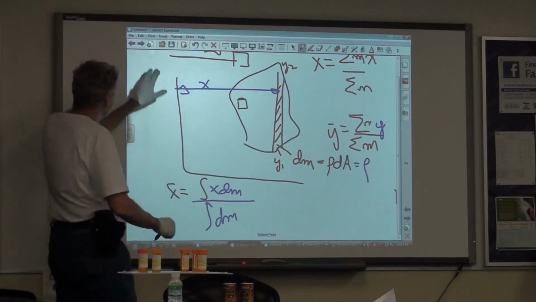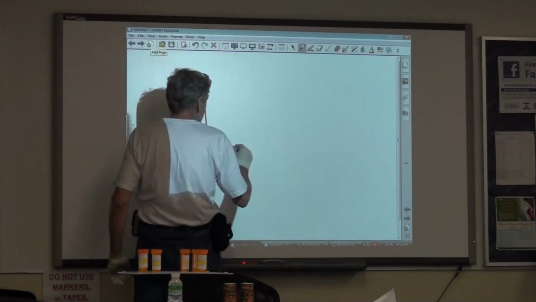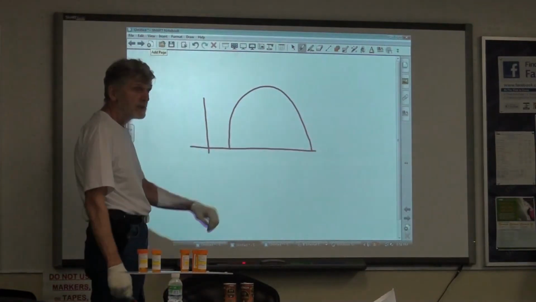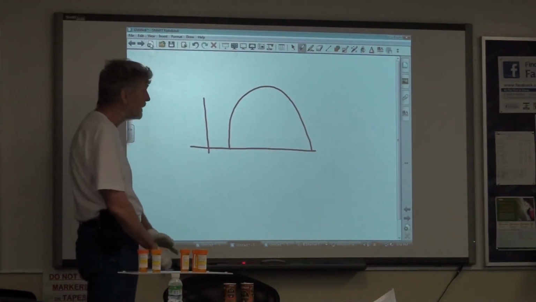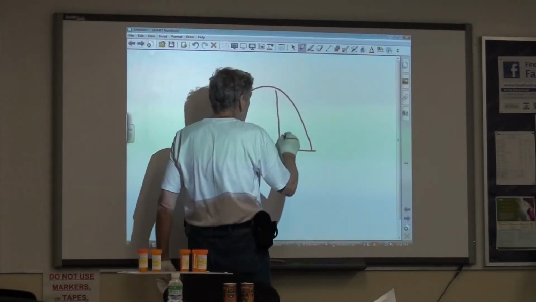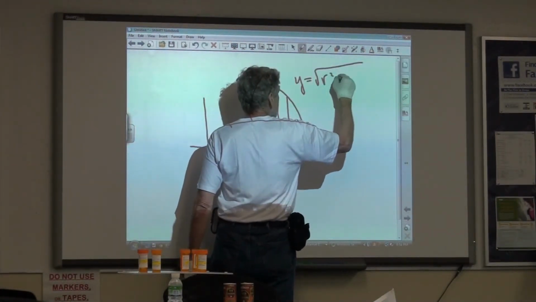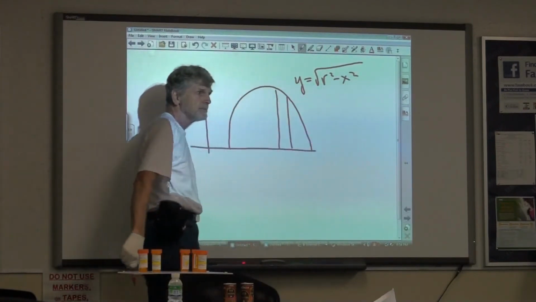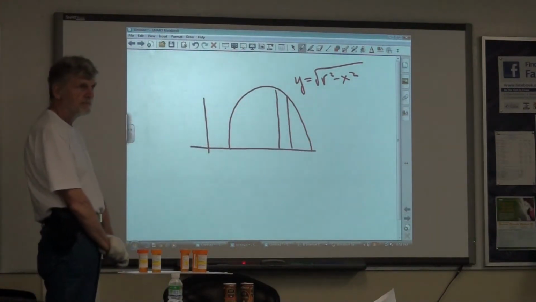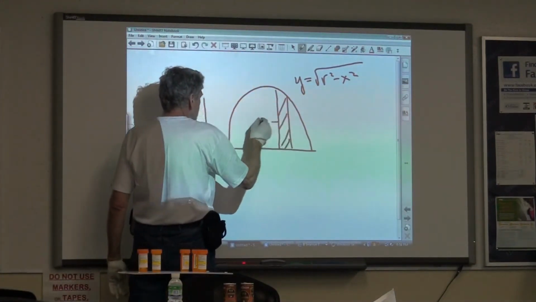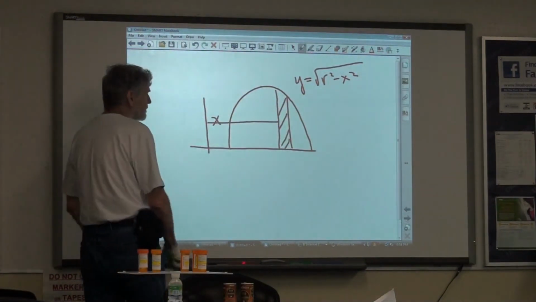If you have a very simple case where you are looking at a half circle, then the equation for the top of the circle is y equals the square root of r squared minus x squared. And this particular little strip would have a lever arm of x.